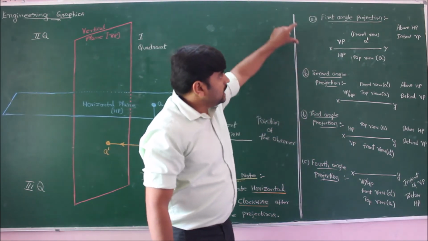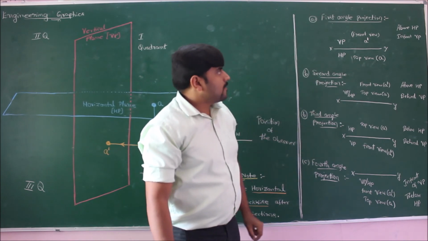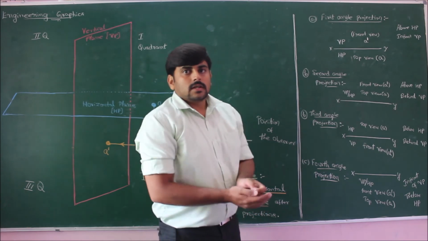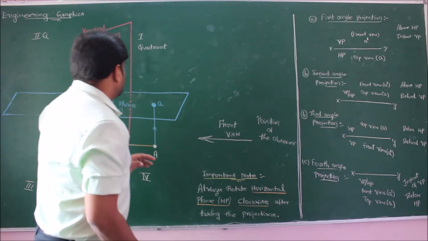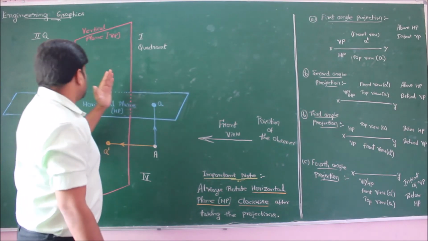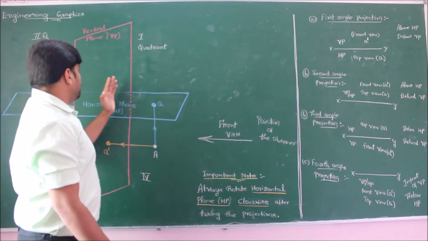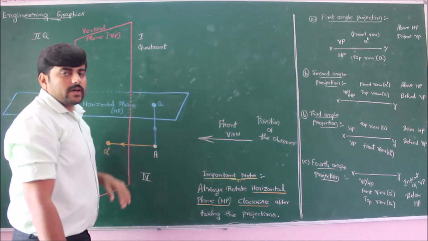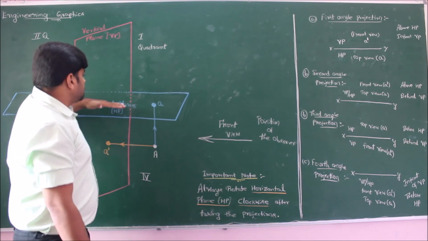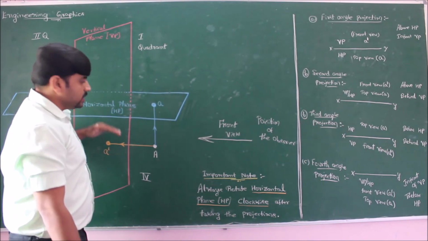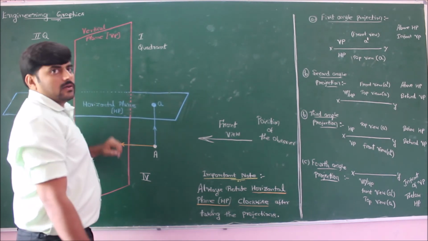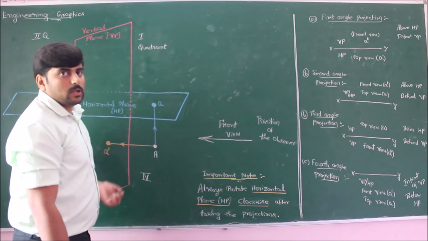Now, if you clearly observe the summary of this orthographic projection of points, whenever you are specifying the point with respect to the vertical plane, you should specify whether it is in front of the vertical plane or behind the vertical plane. Whenever you are specifying a point with respect to the horizontal plane, you specify whether the point is lying above the horizontal plane or below the horizontal plane. That is, for the vertical plane, in front or behind; for the horizontal plane, above or below.